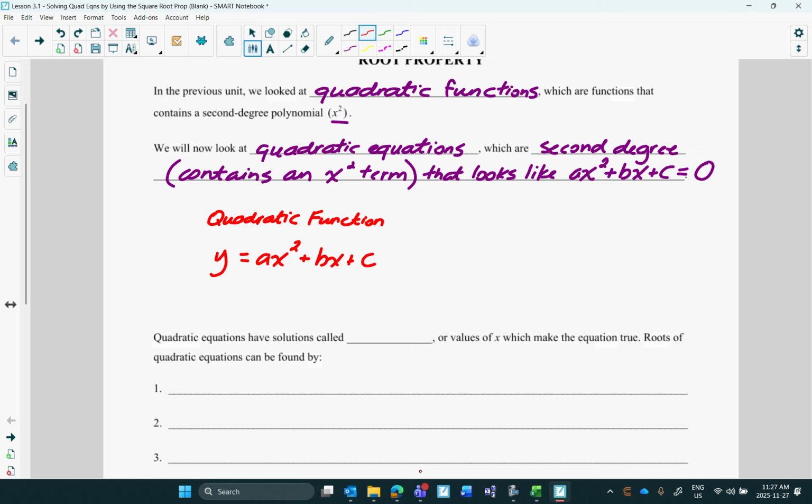But to convert it to a quadratic equation, we actually make this equal to a number, and usually it's 0. So a quadratic function becomes a quadratic equation when y is replaced with a number, usually 0. Everything else is the same.